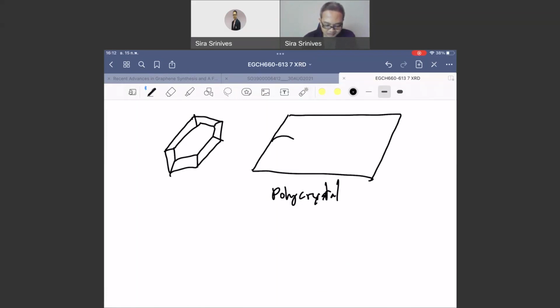Say, there would be grains, right? It tries to grow into a crystal, but it's a big plane, so it starts in different positions, and when it grows bigger, it cannot bind with one another that easily. So it becomes a polycrystal.